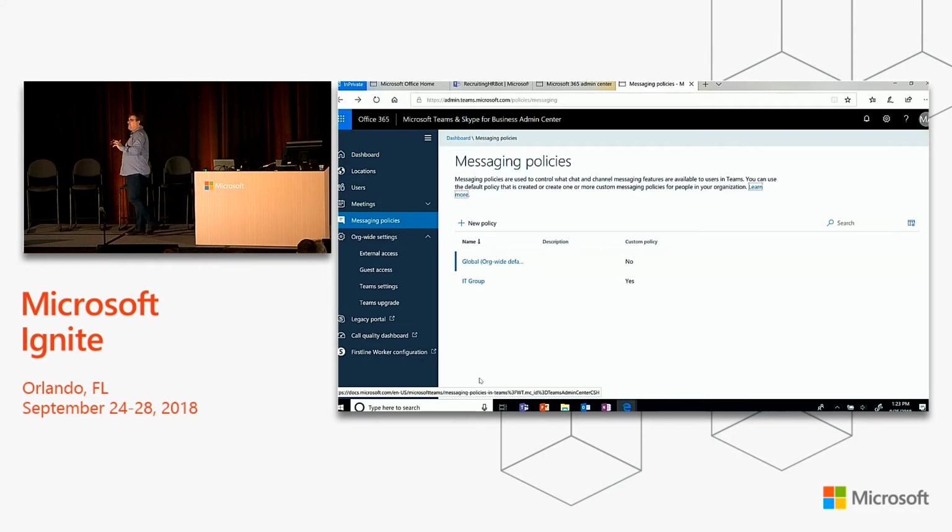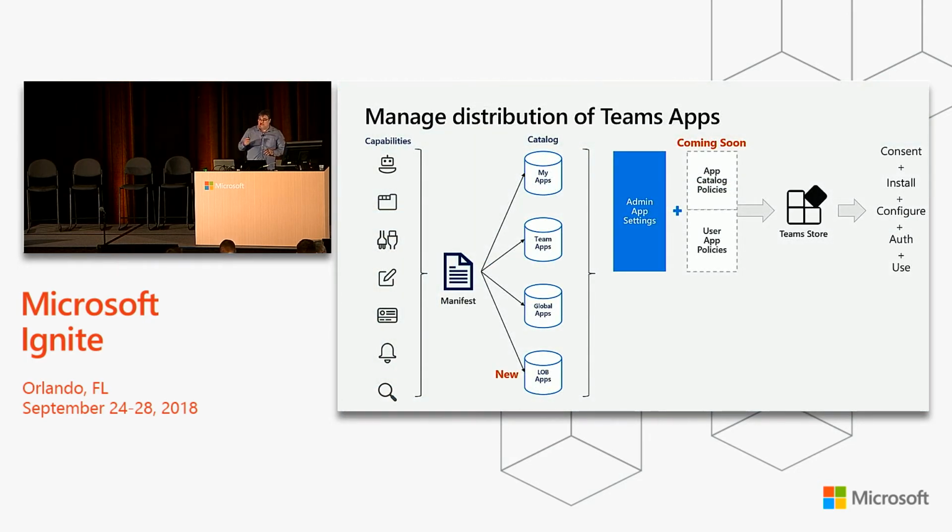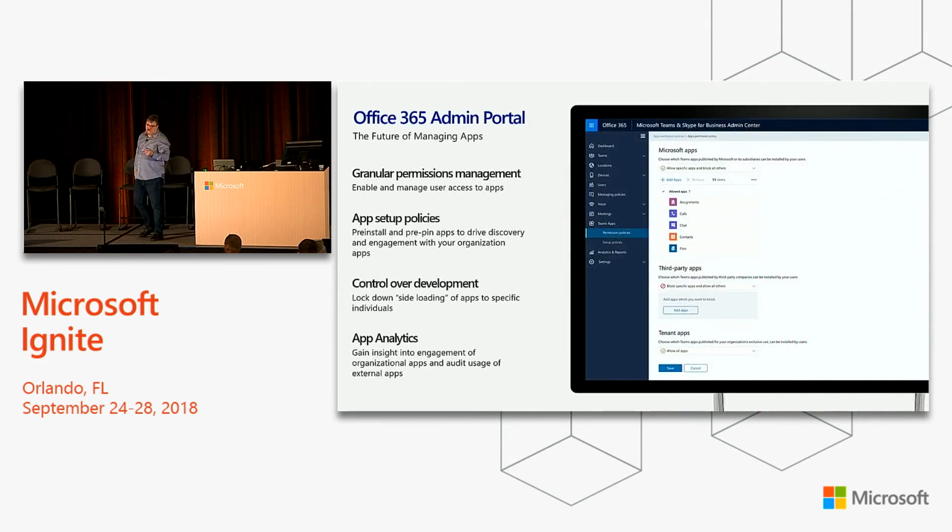So the work that we're doing basically is going to be to now start opening up that same type of policy-based approach to app settings as well. So when you look at those, what that starts to drive is, where we had the behavior for basic behaviors on an organizational level, now we have the ability for you to actually have values for permissions that you can manage, so you can actually have different catalogs for different communities of users.